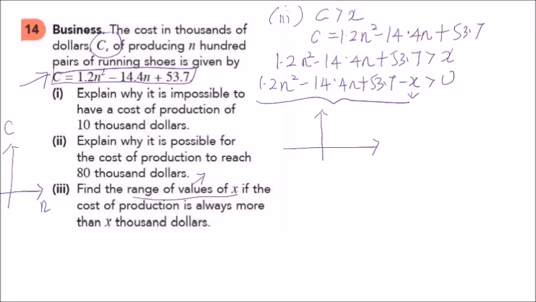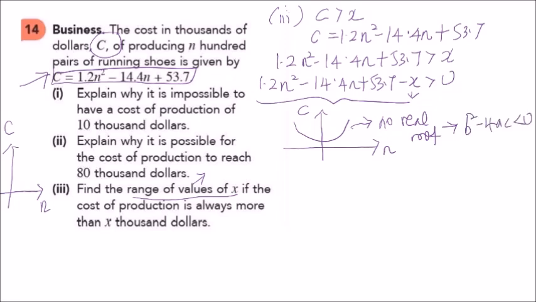If you want your y, or the C, to be always positive, it means the curve is entirely above your n-axis. And what is the concept here? It means that there's no real root. And therefore, the value of b squared minus 4ac definitely will be less than 0.